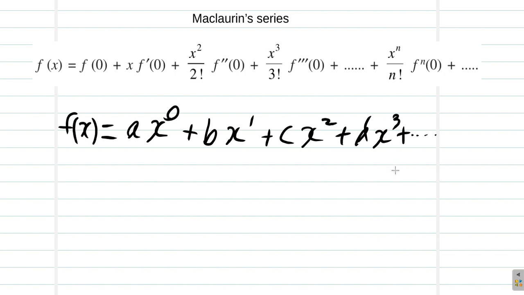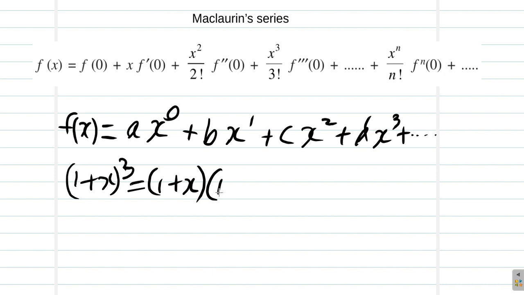Now an example of a power series could be the binomial series. It is a power series. Suppose, for example, you have 1 plus x squared, or say cube, 1 plus x cubed. That would be 1 plus x times 1 plus x times 1 plus x.